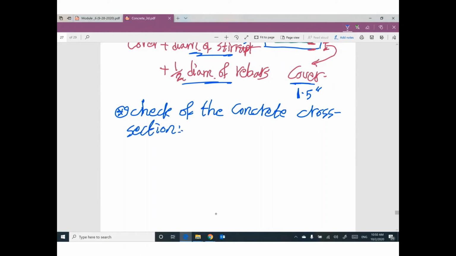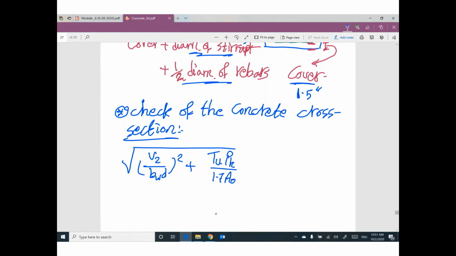We have another expression: square root of V ultimate divided by B web D, squared, plus T ultimate PH divided by 1.7 area OH squared, all of them squared, must be smaller than or equal to phi times VC divided by B web depth plus 8 square root F prime C. That's right.